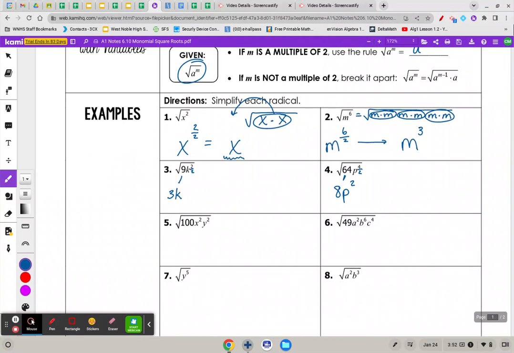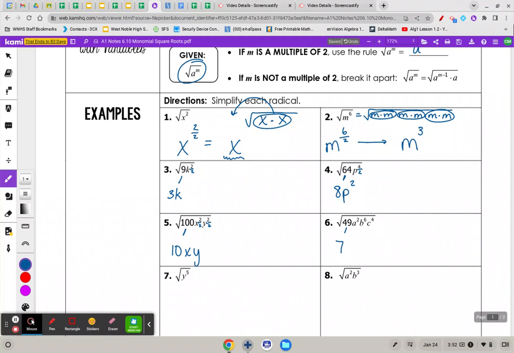If we look at question 5, the square root of 100 is 10. If we take each exponent divided by 2, we get x to the 1st, y to the 1st. For question 6, the square root of 49 is 7.